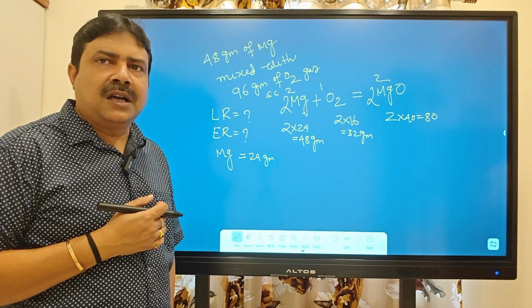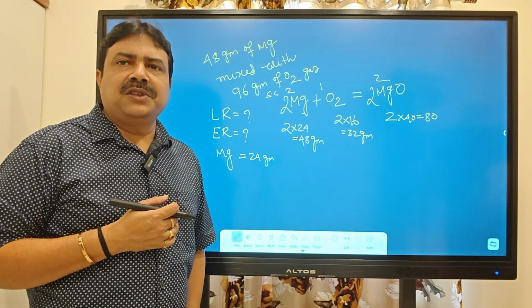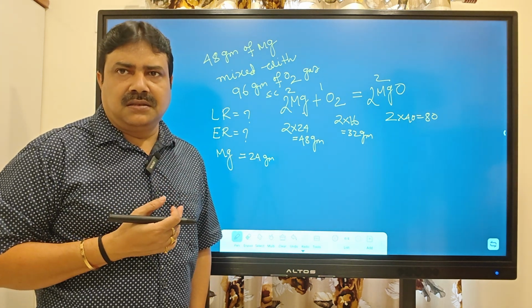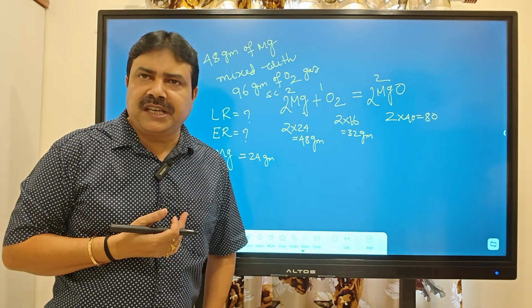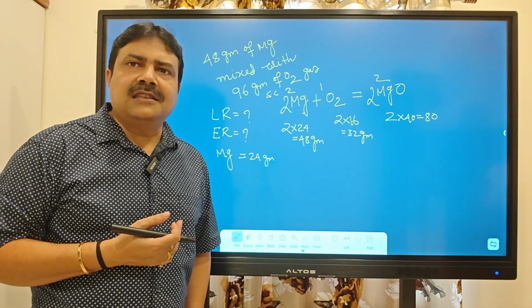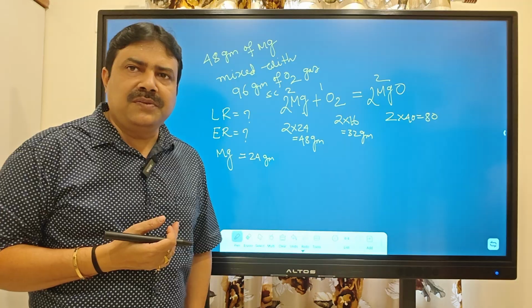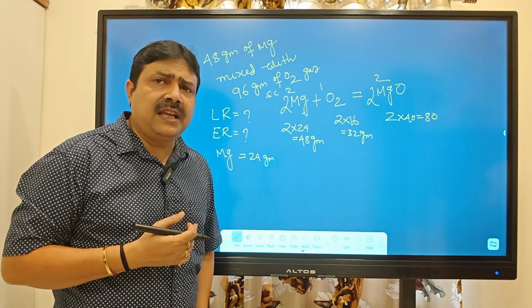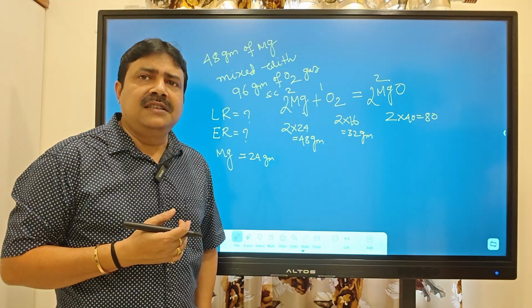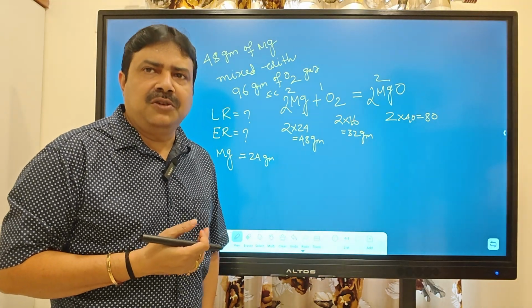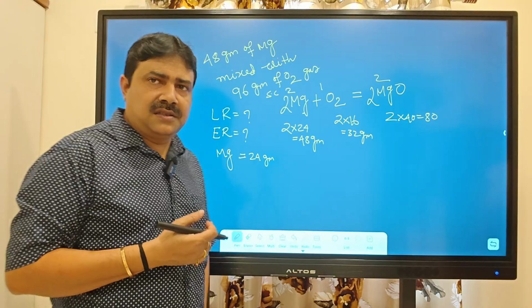Except in nuclear reactions, where a huge energy change happens and because of that some mass is destroyed, as per the Einstein equation E equals mc square. But in a small chemical reaction, nothing changes this much energy. Only a small energy change is there, so there will be no effect on the mass. Is it clear or not?